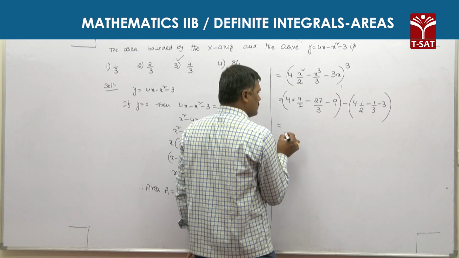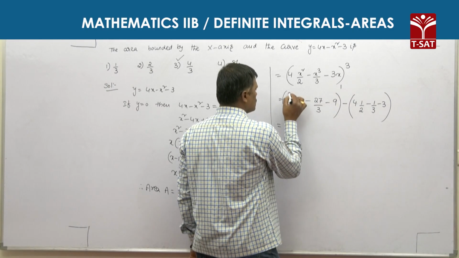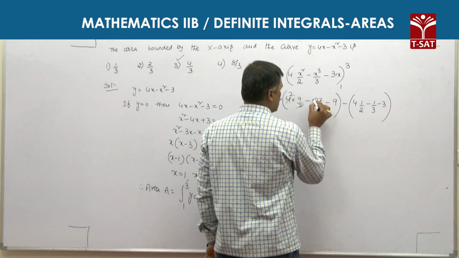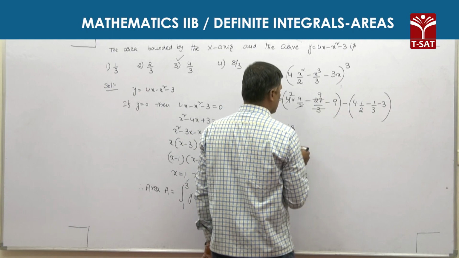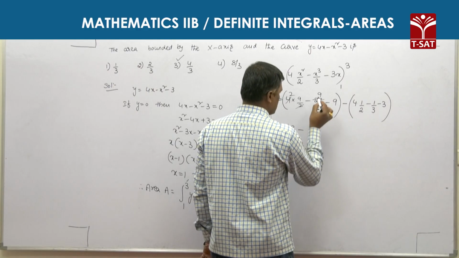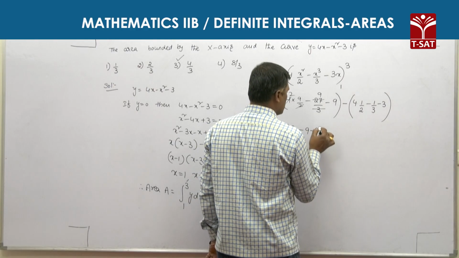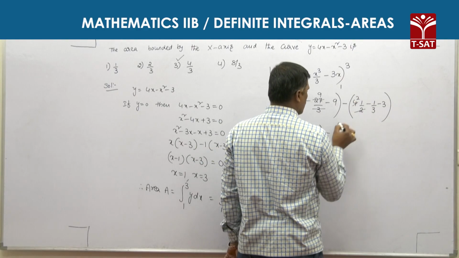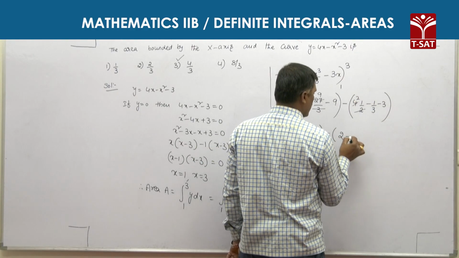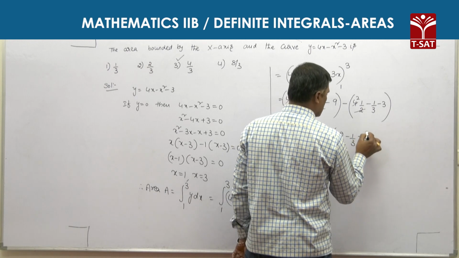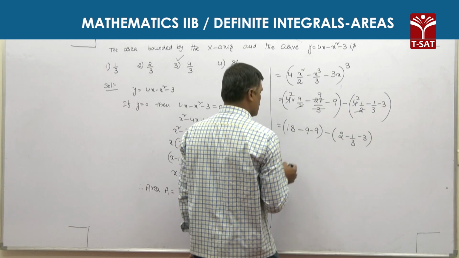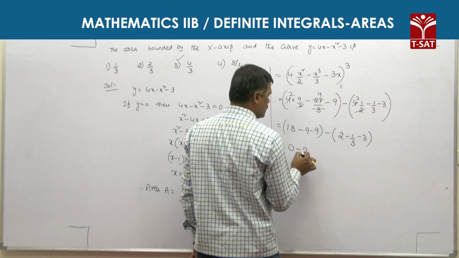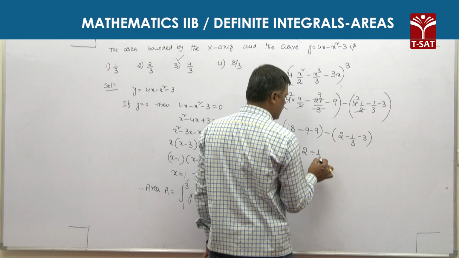that is equal to 4 into, this is 2 2s are 4, 2 into 9 is 18, 3 9s are 27, 18 minus 9 minus 9, minus 2 2s are 4, minus 2, minus 1 by 3 minus 3. 18 minus 18 is 0, minus 2 plus 1 by 3 plus 3.